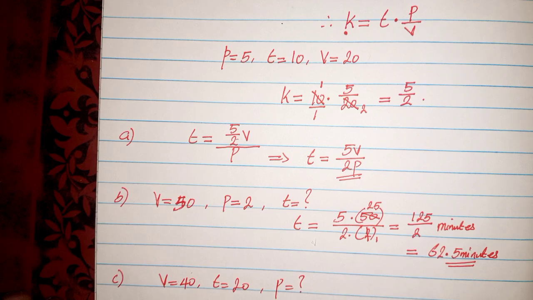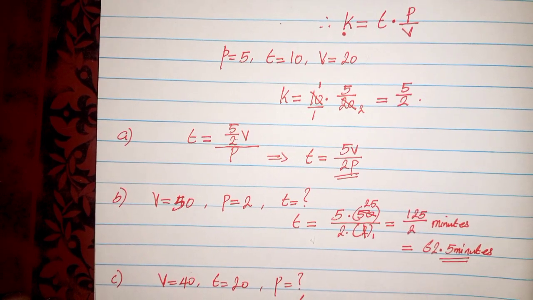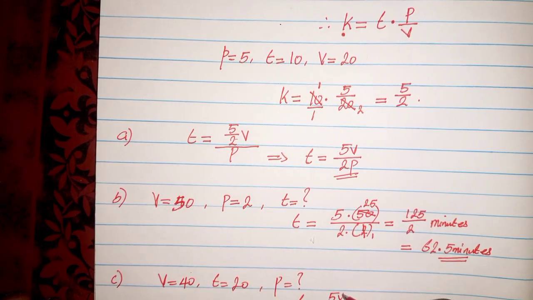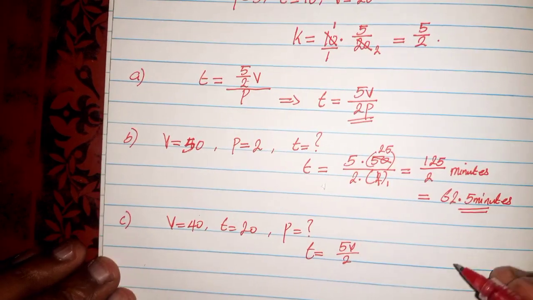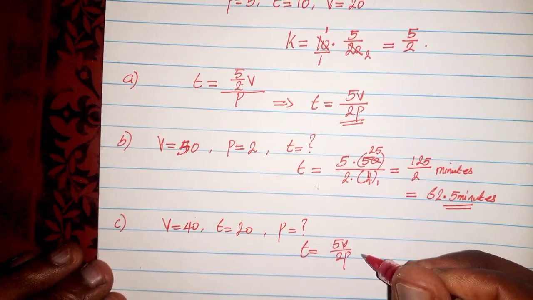So by also substituting into the relationship formula, which is T equals 5V all over 2P, we substitute that.